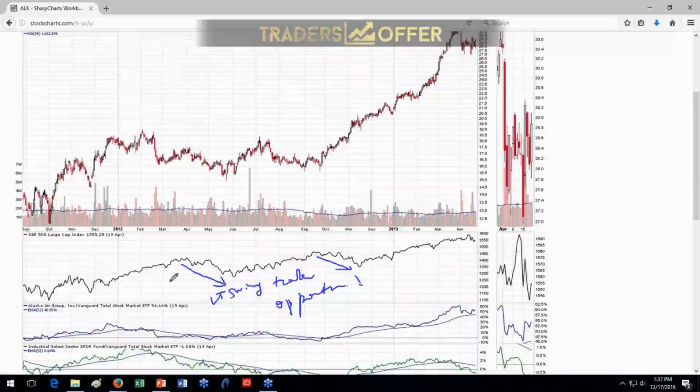The previous opportunity of the same sort would be somewhere in this area. So for the long-term swing traders, we want to catch this type of swings. And we want to start looking for areas of outperformance in the stocks that are leadership stocks in the leading groups. And one of them is Alaska Airlines.